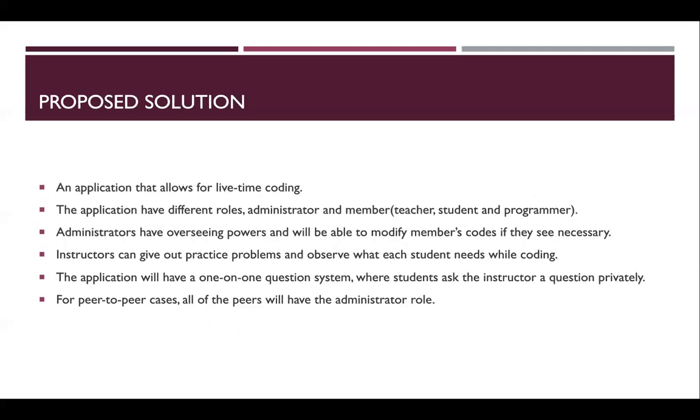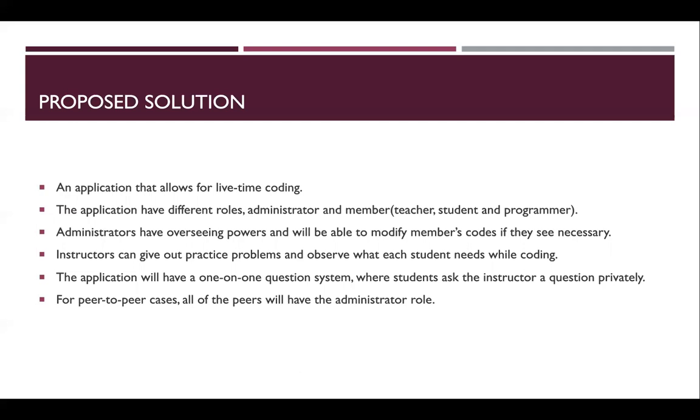To overcome all of these issues, we have come up with a very good solution. We will be designing an application which enables a user to do live coding. It has two major roles: one would be an administrator and one would be a member.